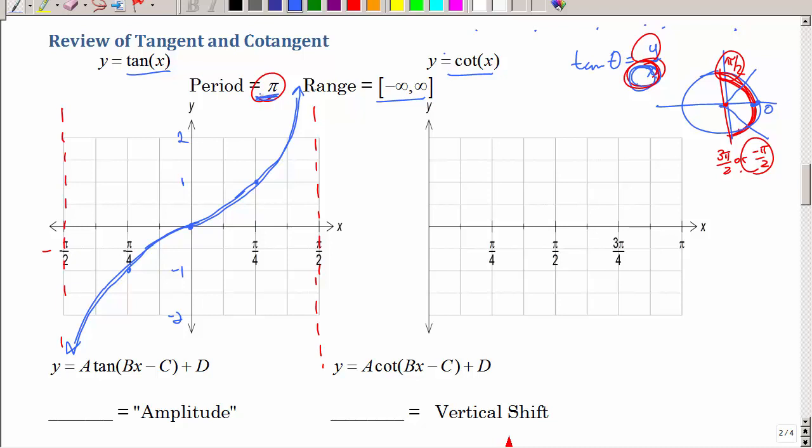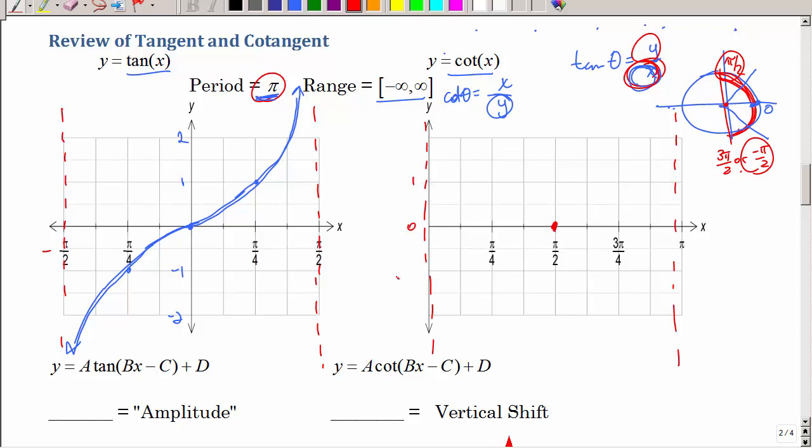But cotangent, now the cotangent of theta was defined to be x over y. So we need to know when y is 0. Well, at the opposite values. So we're going to have asymptotes at 0 and pi. And in like manner, the cotangent is equal to 0 at pi over 2.